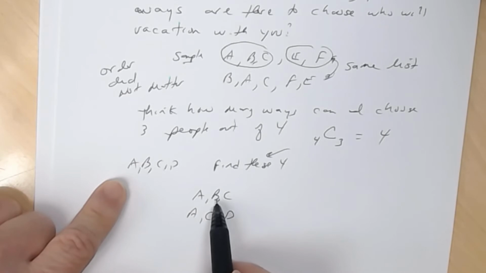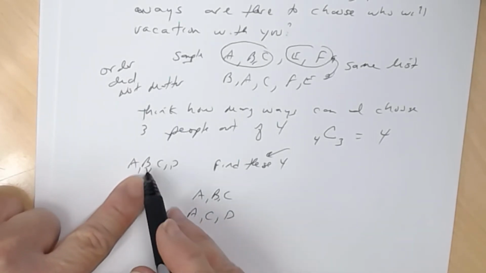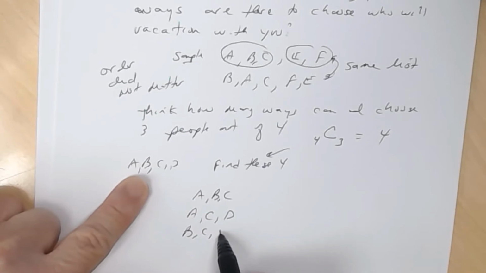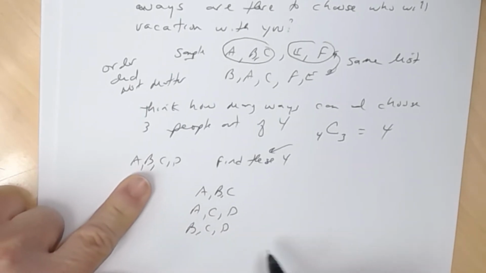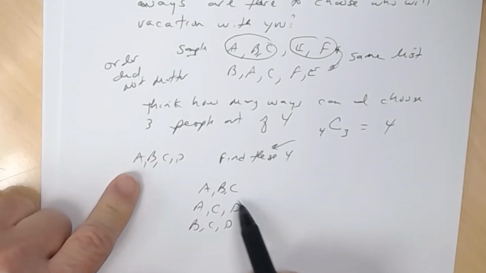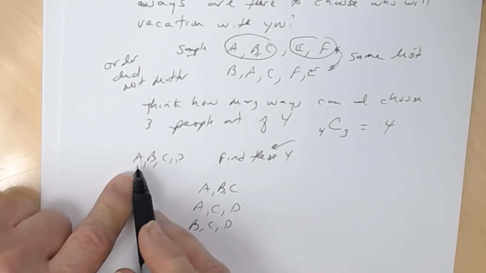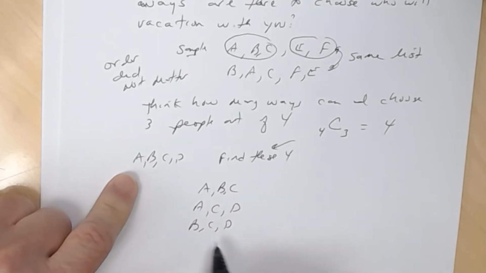Now, y'all agree that BAC is the same as what I wrote here? Any order of A, B, and C is the same as this one. Then I can choose B, C, D, right? And then, oops, I forgot one of the A's. So I can choose A, B, C. I can choose A, C, D. I can also choose A, B, D, right?